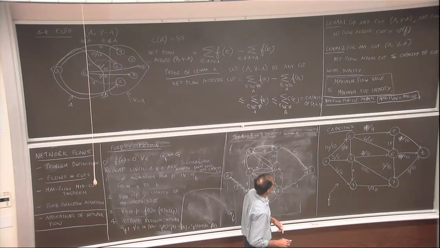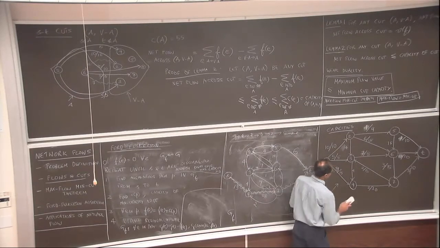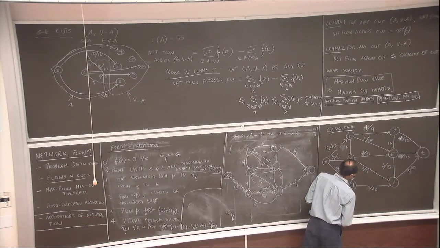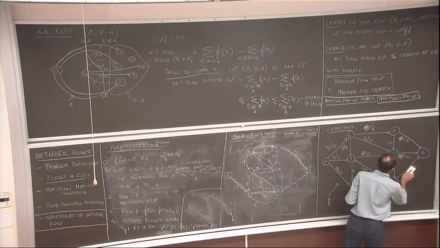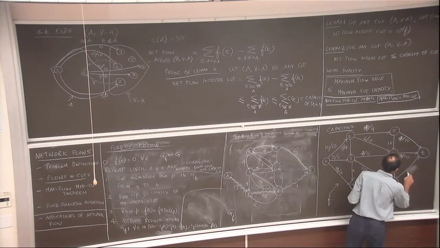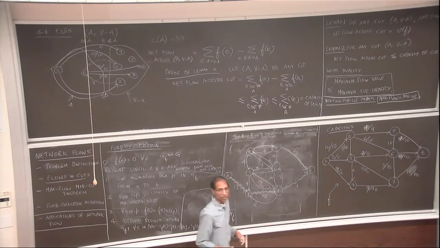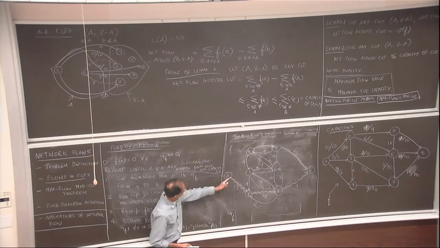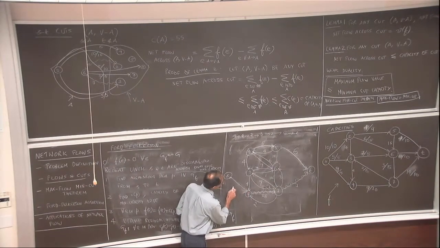This becomes 2 plus 7, 9. 2 plus 7, 9. 3 plus 7, 10. Okay, in terms of my residual network, this is now 13 minus 7, 6.